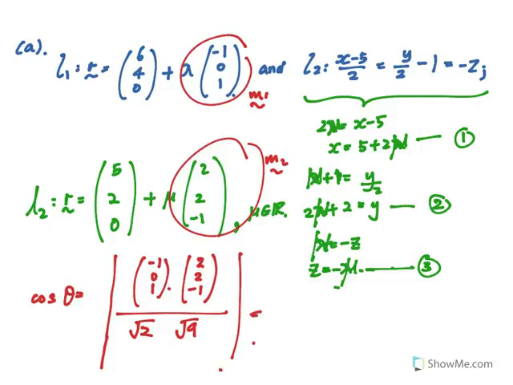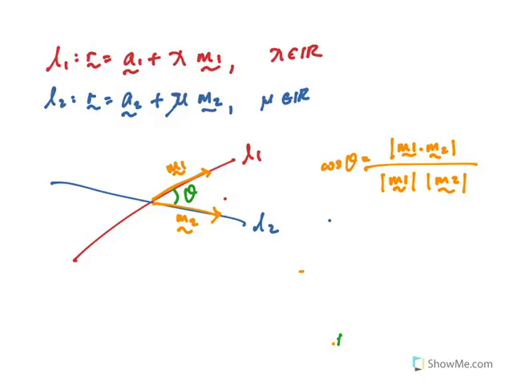This gives the modulus of negative 3 over 3 square root 2, which equals 1 over square root 2. Since cos theta equals 1 over square root 2, which is a special angle, theta equals 45 degrees. And we are done for part A.